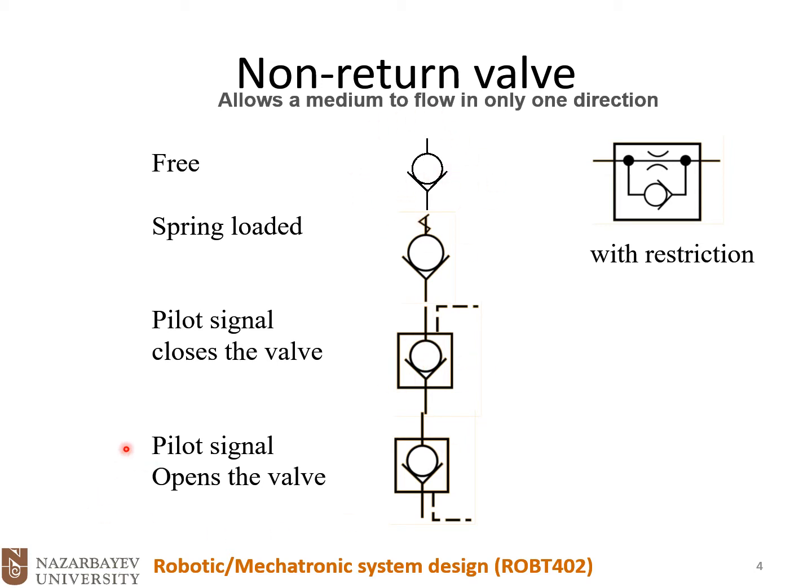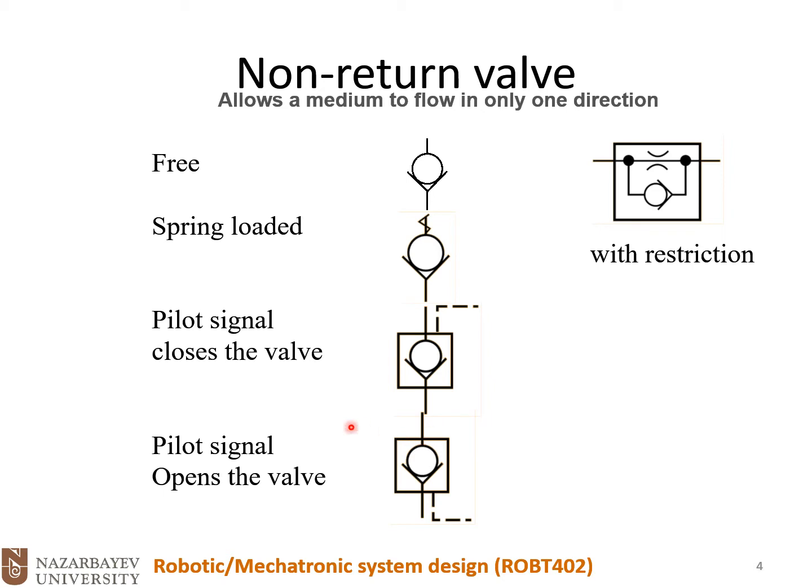Another one is the pilot signal opens the valve. This one is very similar to the previous one. However, when we send the signal, when we open the airflow on this line, it will force the ball to be open.